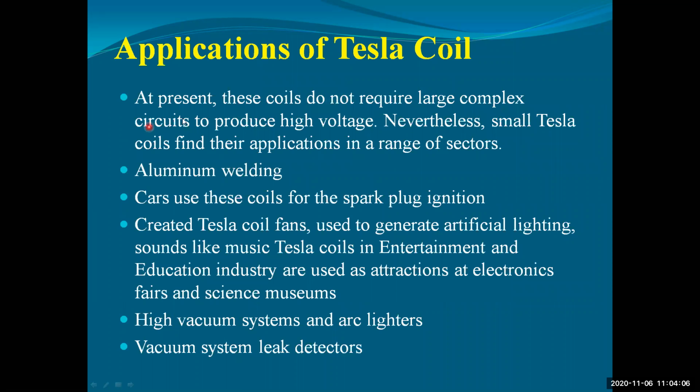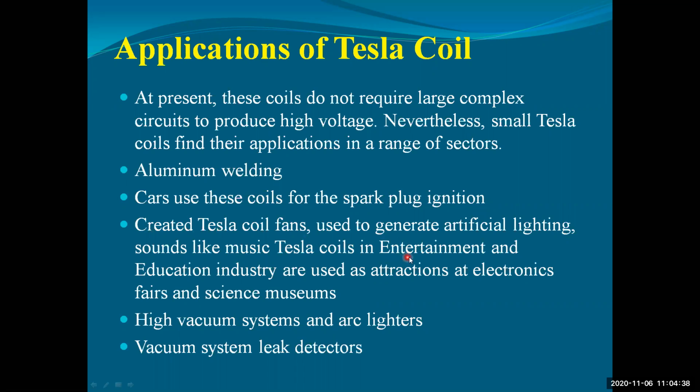Applications of Tesla coil. At present, these coils do not require a large complex circuit to produce high voltage. Nonetheless, small Tesla coils find their applications in a range of sectors like aluminum welding. Cars use these coils for spark plug ignition. Tesla coil fans are used to generate artificial lightning.